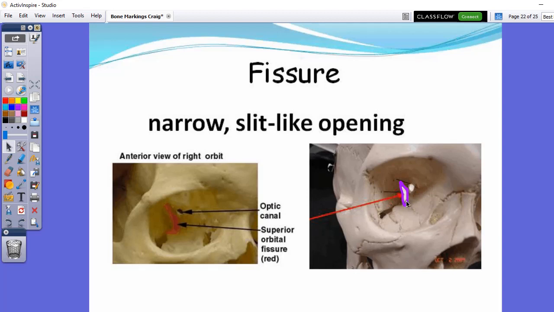Look at the difference between the shape of the fissure versus the shape of this hole. So a fissure is going to be more elongated and skinny. The name for a hole we're going to do in just a second, but that would be for blood vessels to travel out of the back of your eyeball and through that slit.